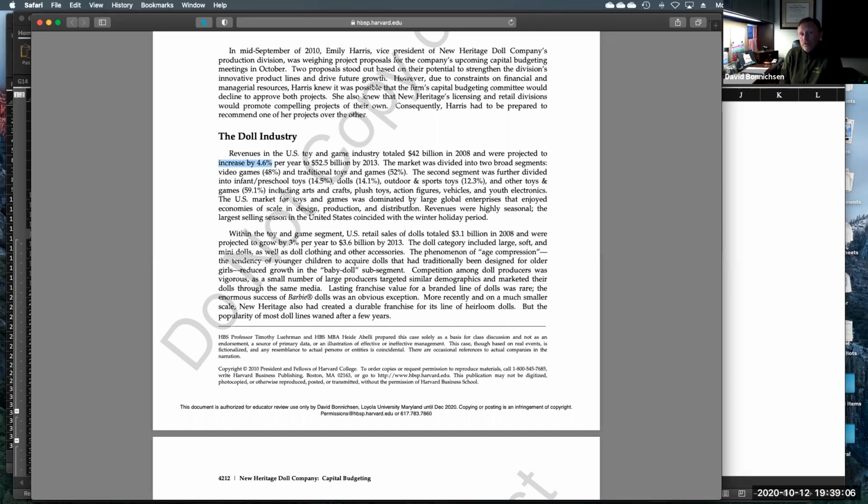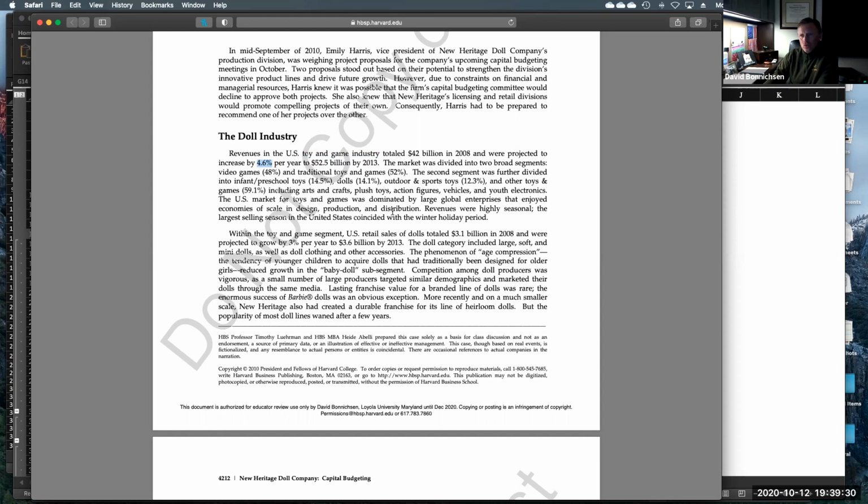Could be sustainable for 1 year, maybe 2, but probably not for the long term if Heritage is operating in a mature industry like the toy and game industry seems to be, since the growth projections for the sector as a whole are only 4.6%.